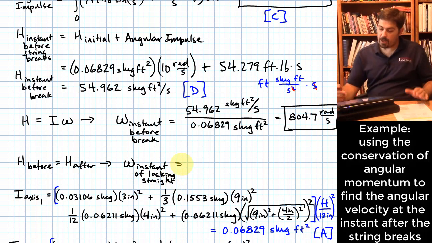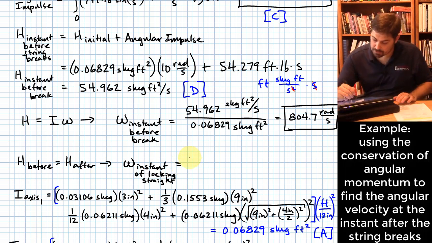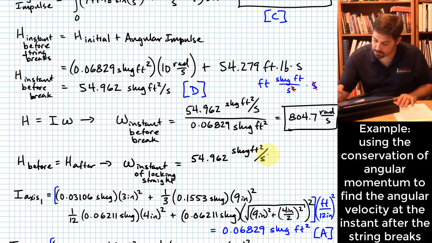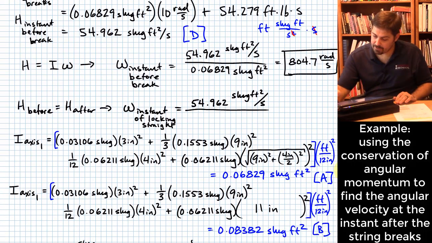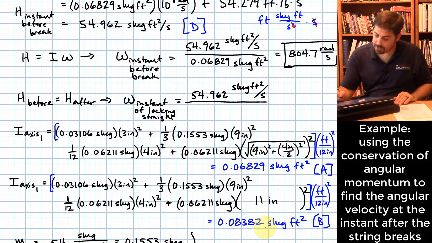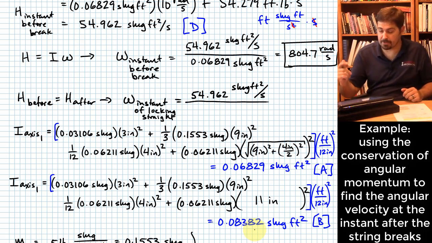At the instant of locking those two things straight, it's really just going to be equal to that angular momentum, still the same value, 54.962 slug foot squared per second, but now dividing it by this other moment of inertia, because now we have a different moment of inertia that suddenly happens right there.